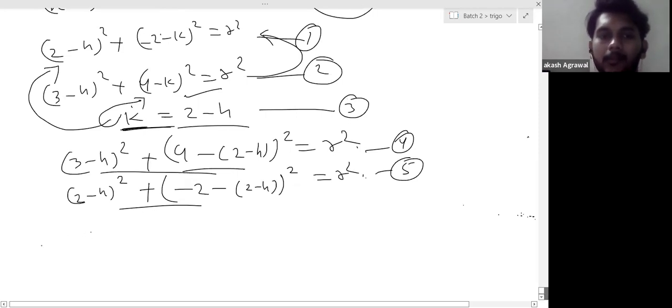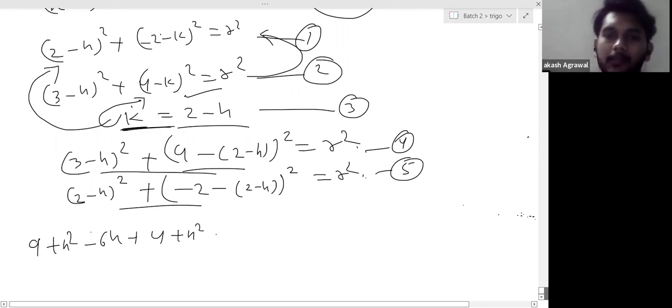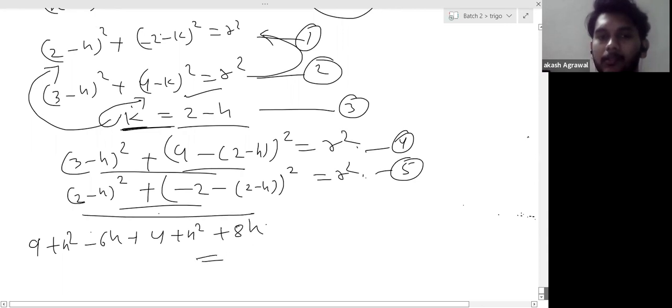Okay, so this will be 9 plus h square minus 6h, plus 4 plus h square minus 2 minus plus, so plus 8h, equals to this. So this will be 4 plus h square minus 4h, plus h square plus 16 minus 8h. All right.